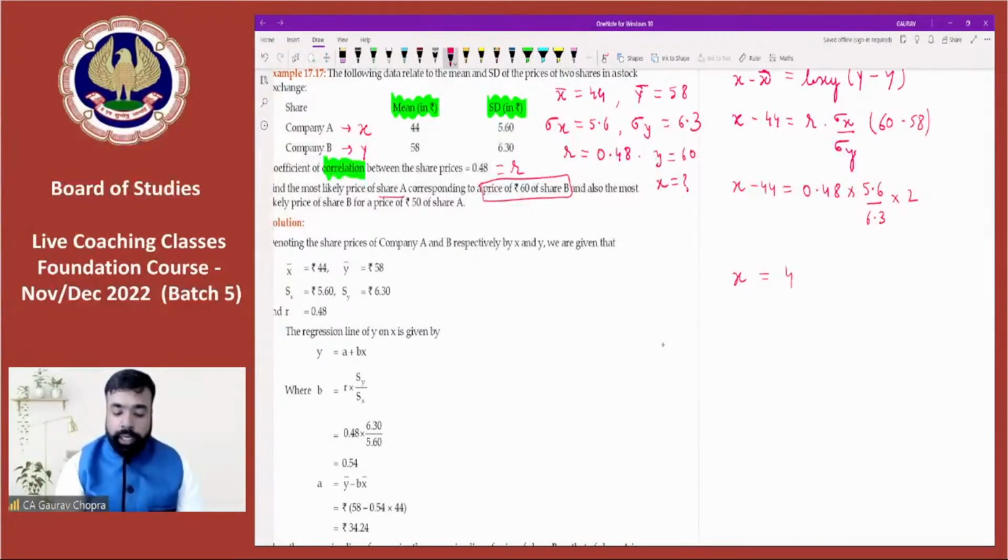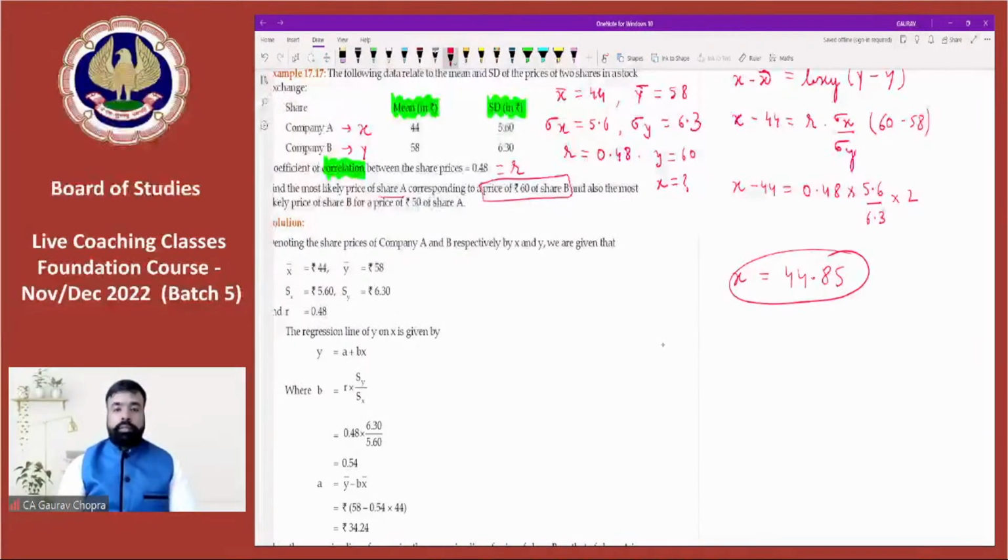So we are getting 44 point something. This is the value of X. Okay.